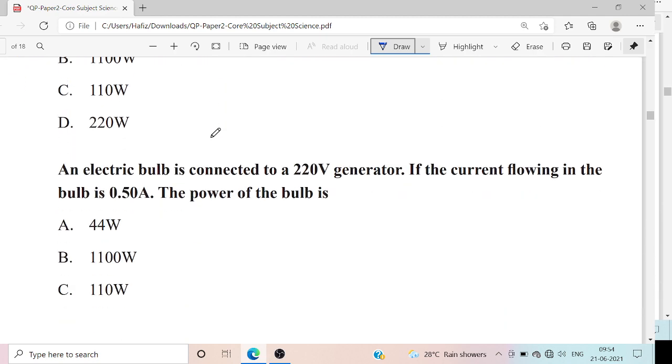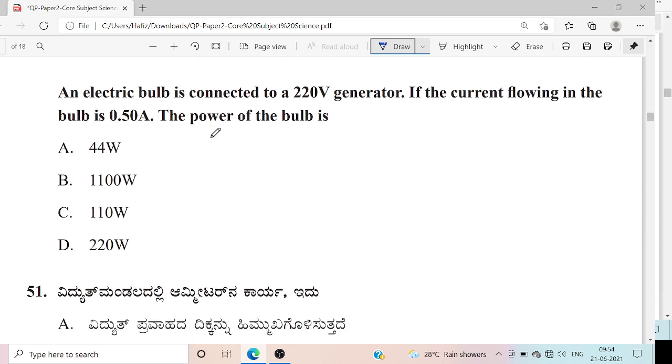Now the next question is from the topic electricity. An electric bulb is connected to a 220-volt generator. If the current flowing in the bulb is 0.5 ampere, find the power of the bulb. In relation to power, we have three equations, and the suitable one is P equals VI.